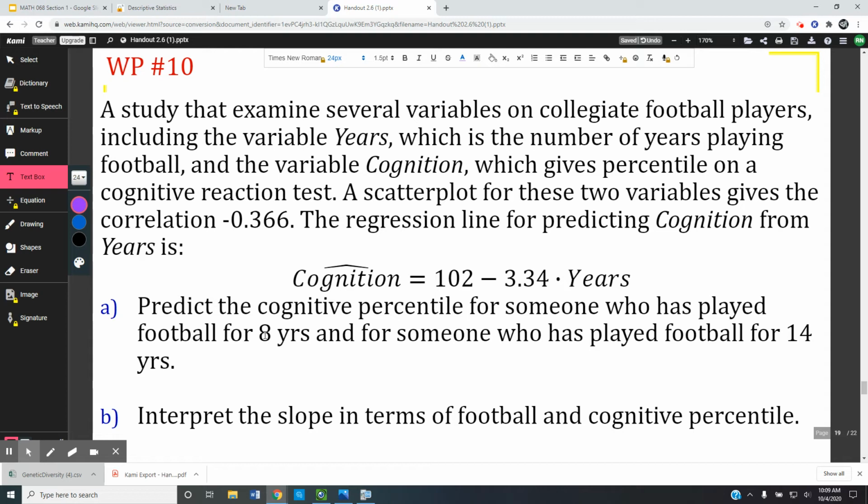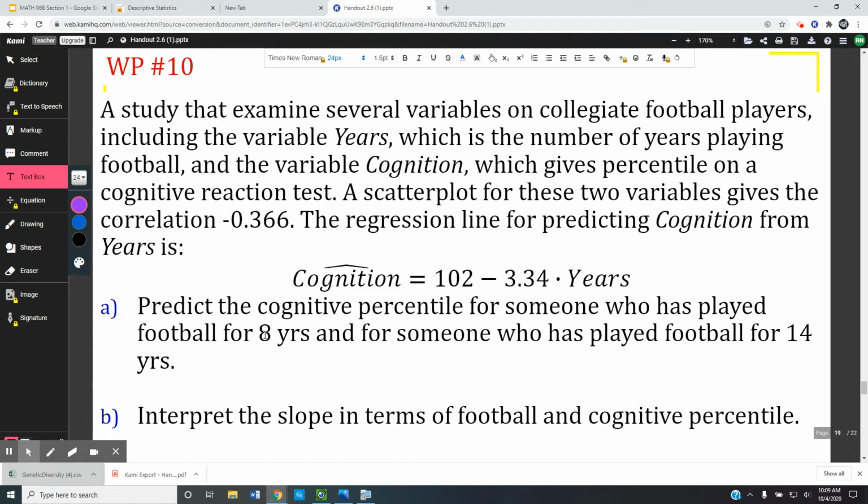So they took people playing football, measured the number of years, and measured their ability to respond on a cognition test. The scatter plot for these two variables gives the correlation negative 0.366. First of all, that tells you that as the number of years increases, the cognition is decreasing.